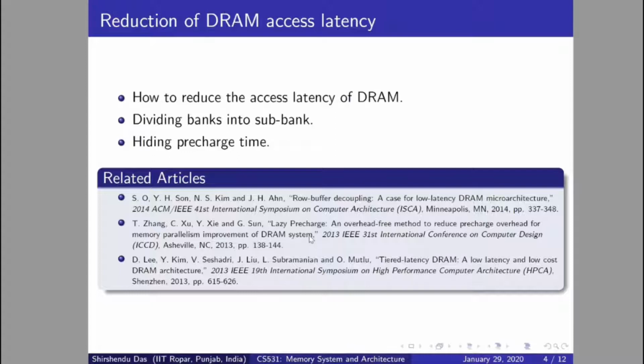I'm not explaining this paper in detail, but if you want, you can read it. I'll share this paper. It is mainly about how to hide this pre-charge between two consecutive row accesses. And this paper is TL-DRAM that I have already discussed. TL-DRAM both reduces energy as well as reduces the latency of DRAM access. That's why I have also added this paper in this particular slide.